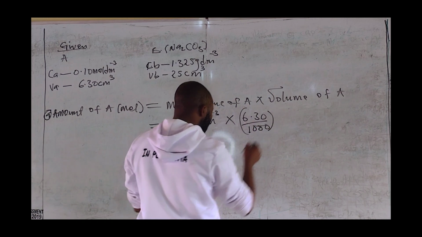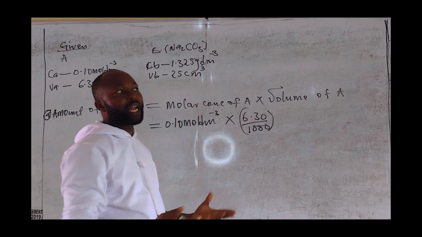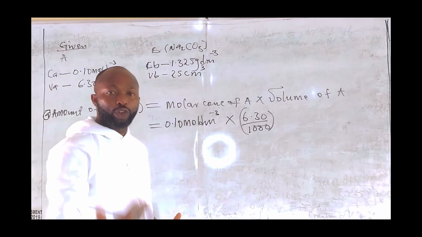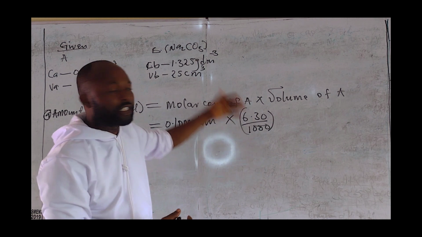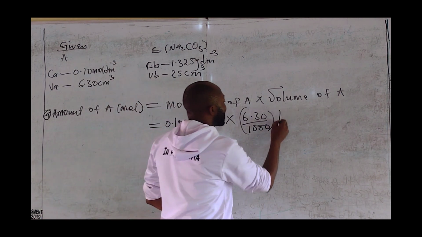Remember, we are converting the cm cube to dm cube because the formula says molar concentration times volume in dm cube. So we convert the cm cube to dm cube by dividing by 1000. So I have my dm cube here.